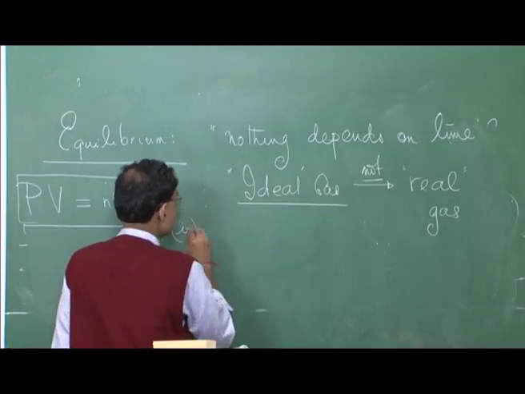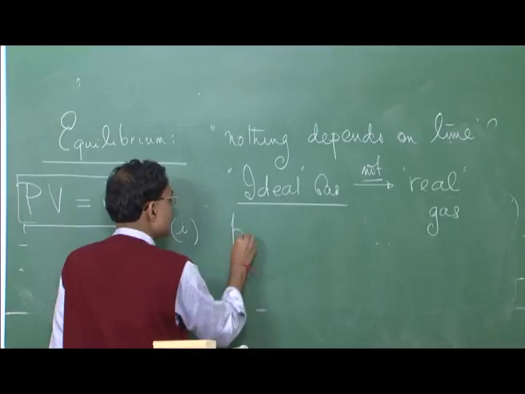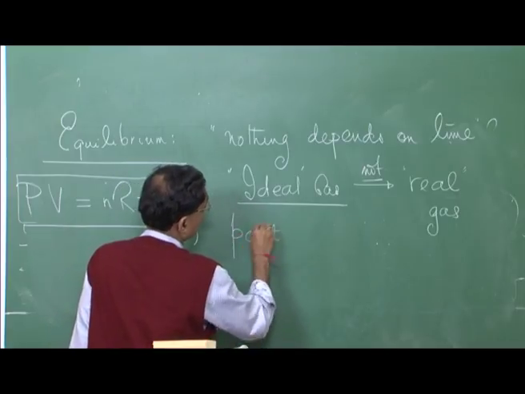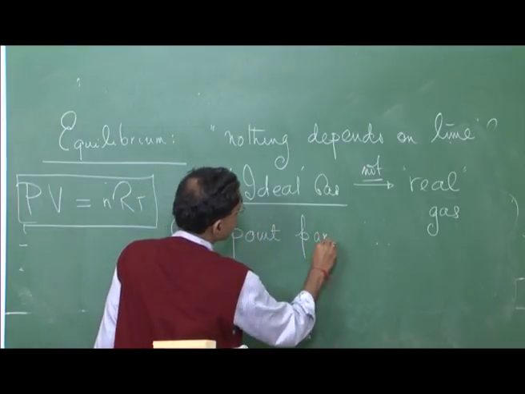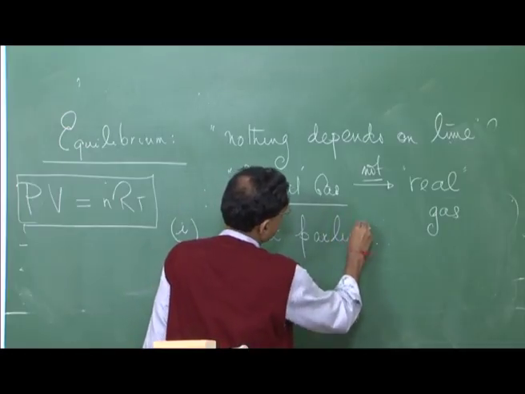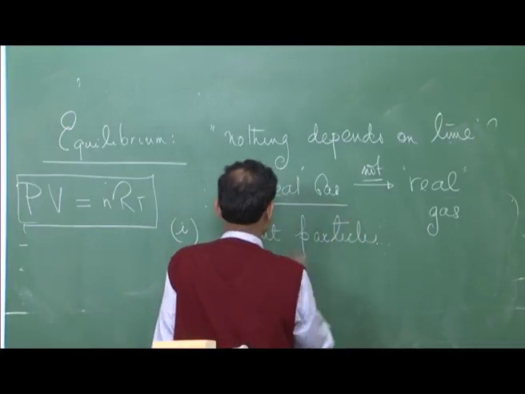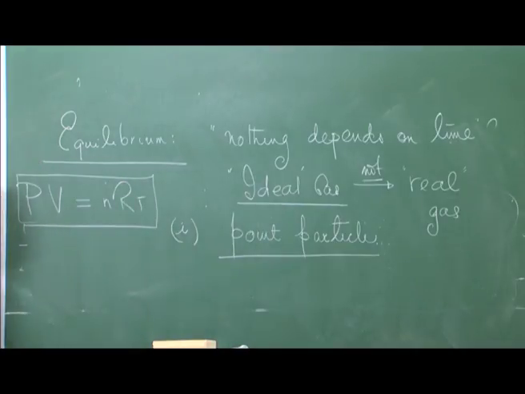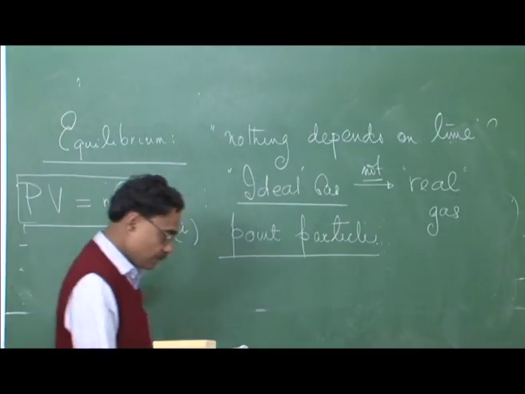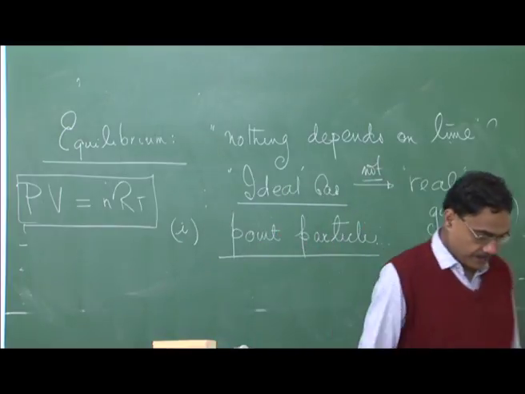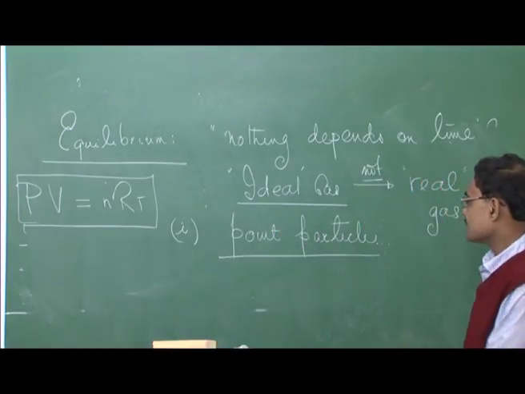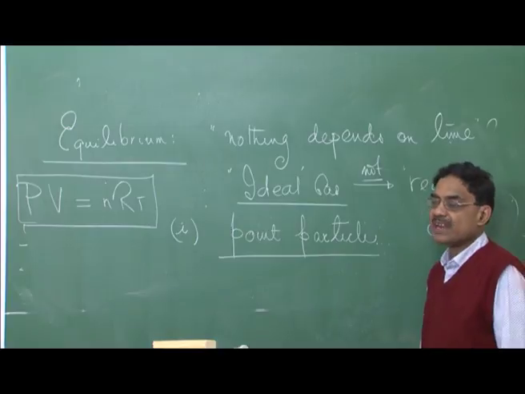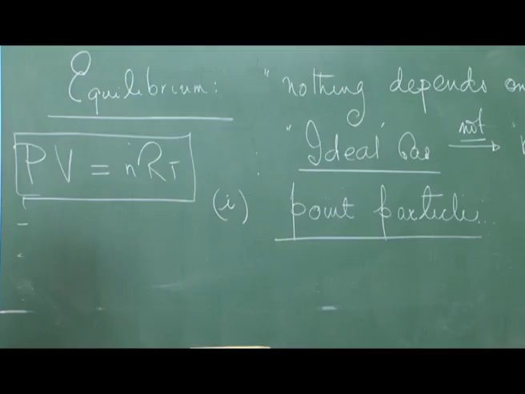First, I will assume there is a point particle. So, all the ideal gas particles I will assume to be point particles. So, it is very, very tiny, or rather, more formally, one can say that I will assume that the size of the particle is very, very small compared to the intermolecular distance.